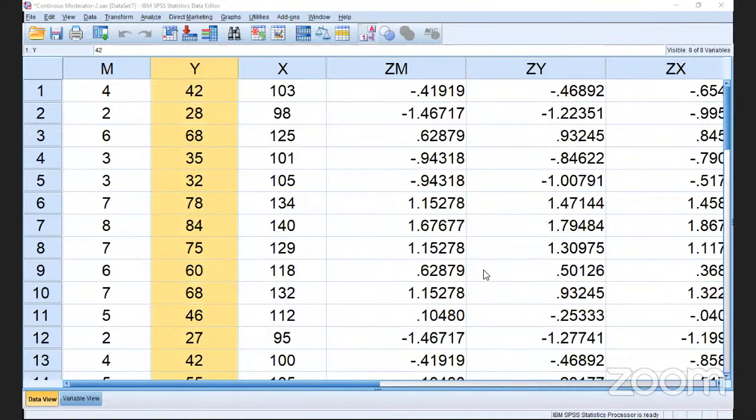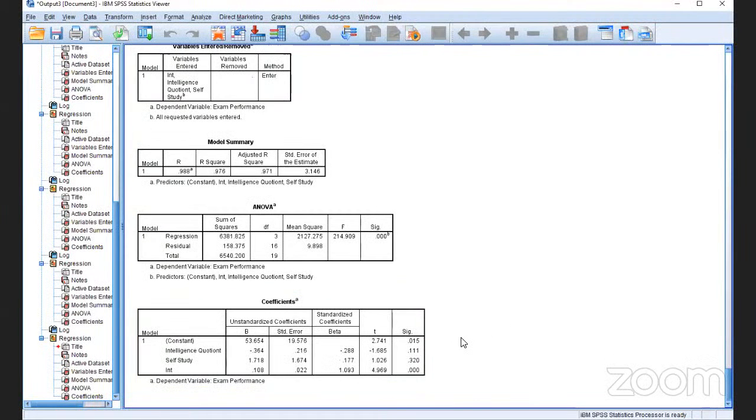But our results are different. Here we can see the results are different. Now you can see here the interaction term is significant, but when we do not standardize our scores, the results are different.